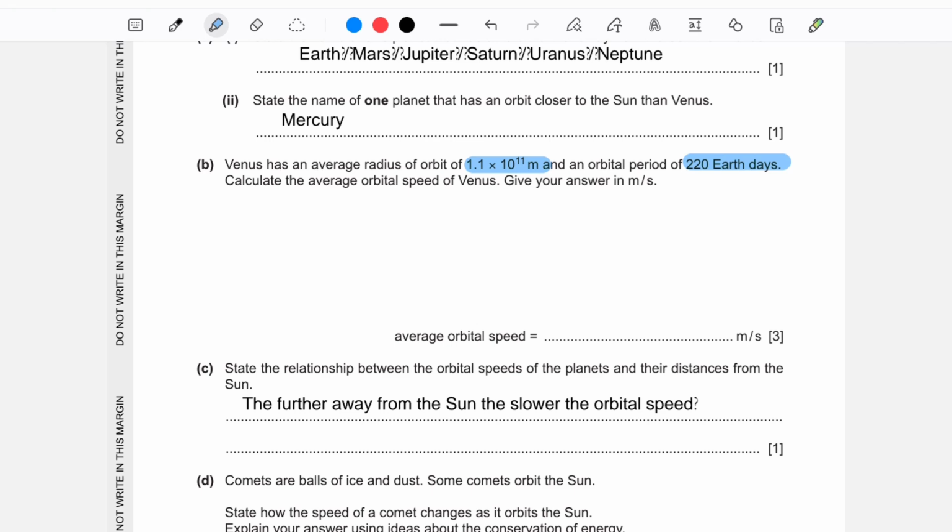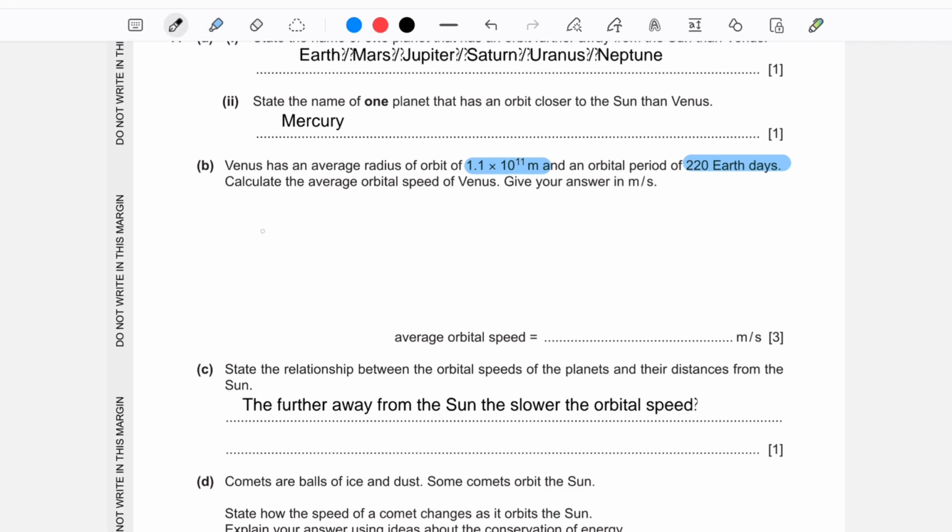And we are asked to find the speed. So we can use the equation speed is equal to distance over time, but we need to work out the distance. And the distance is the circumference. So we can use 2 pi r in order to work out the circumference.